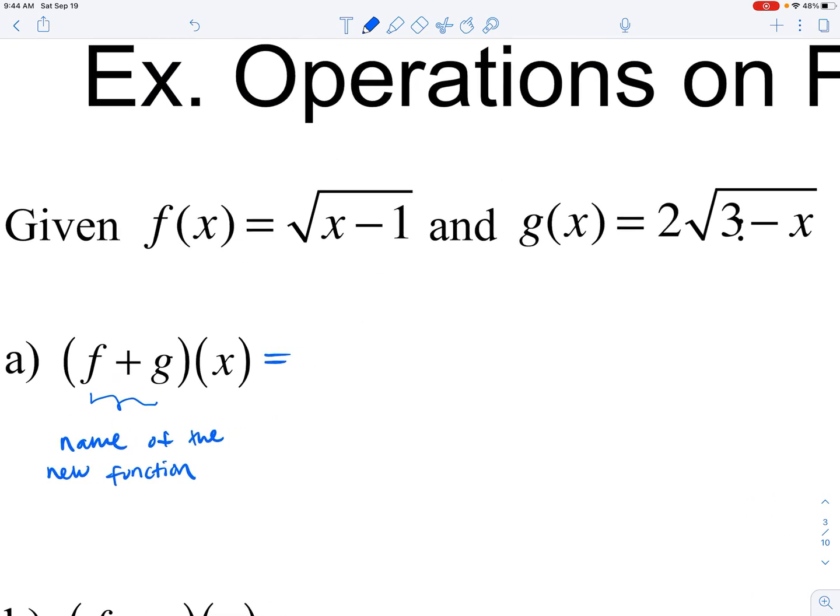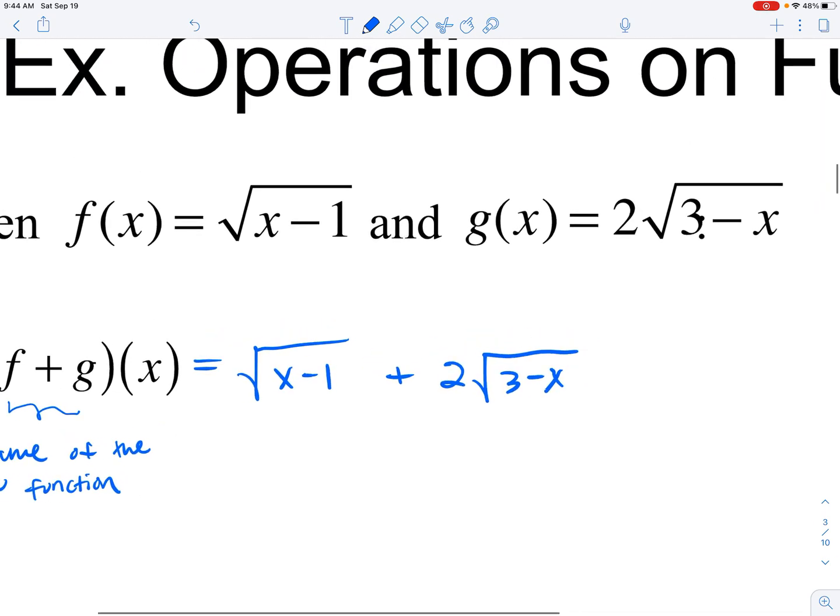So f of x plus g of x, I take the function f of x and then add the function g of x. There's nothing that we can do to simplify. It's not in the directions, but for each of these, let's state the domain of the new function that's created.